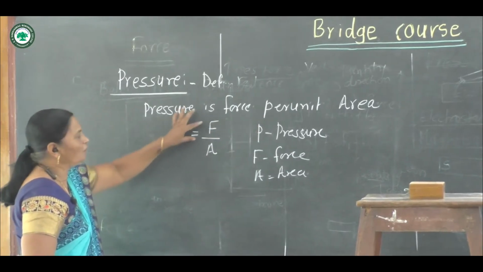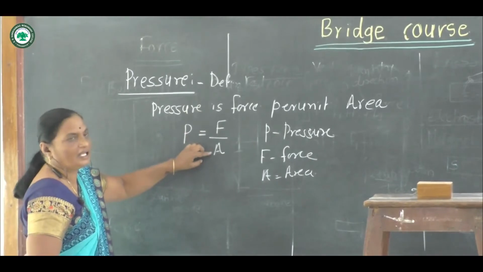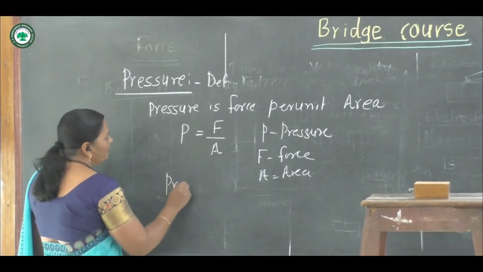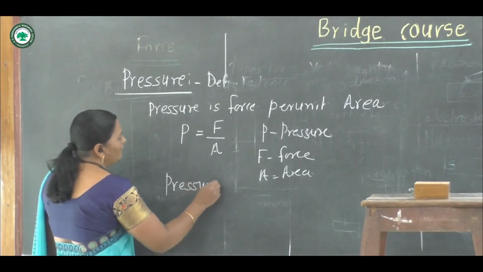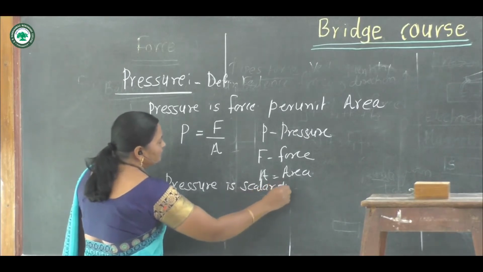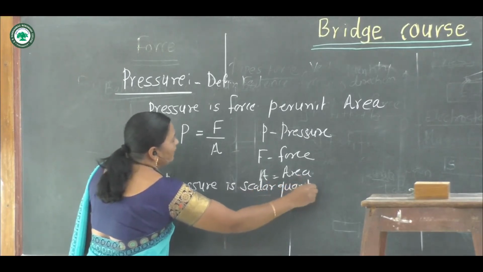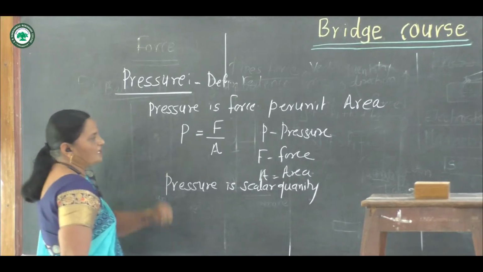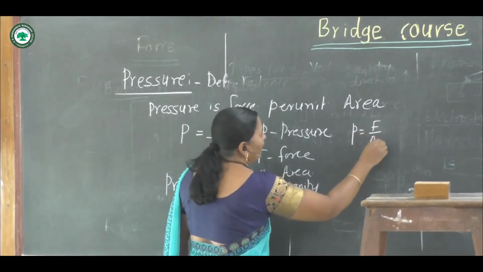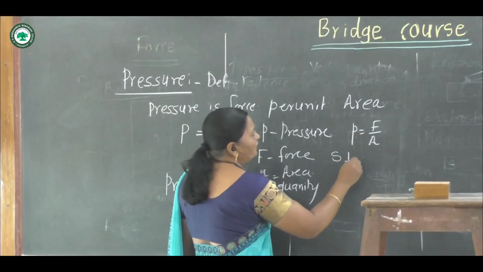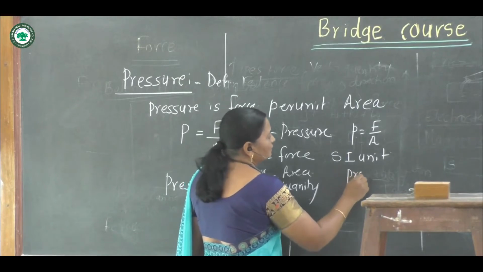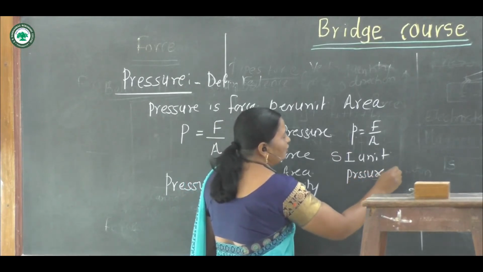P is equal to F divided by A. Pressure is a scalar quantity. Now, P is equal to F upon A, so the SI unit of pressure.